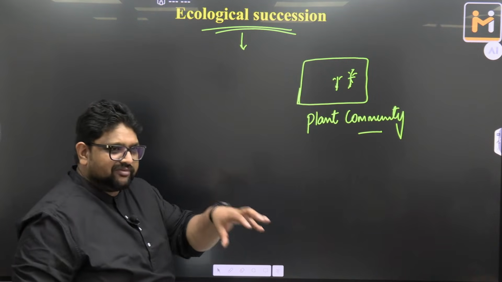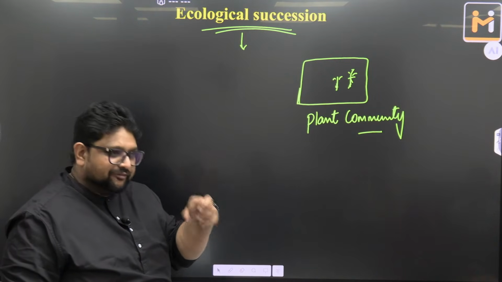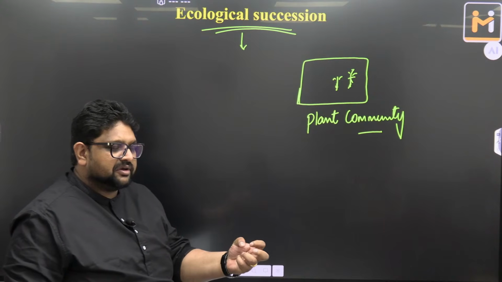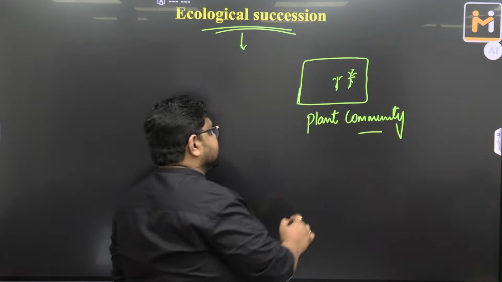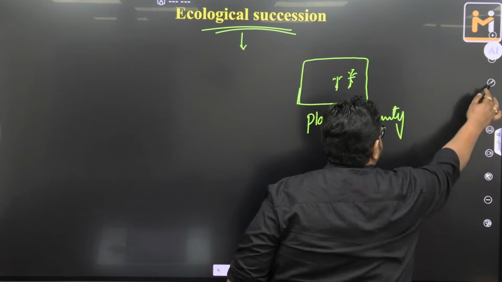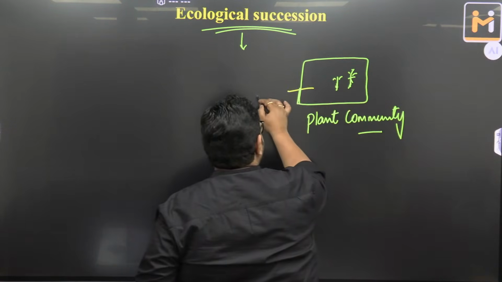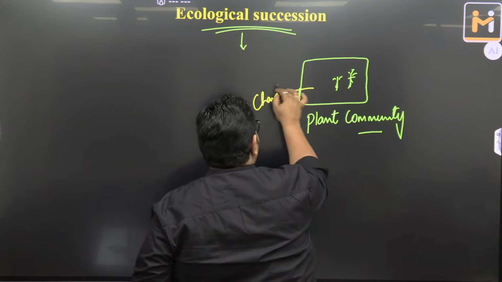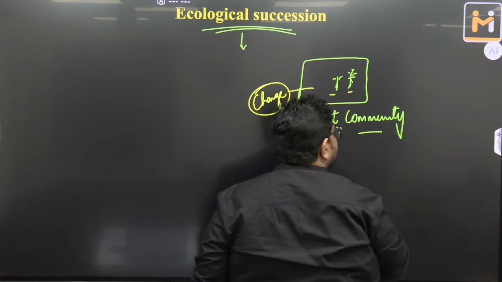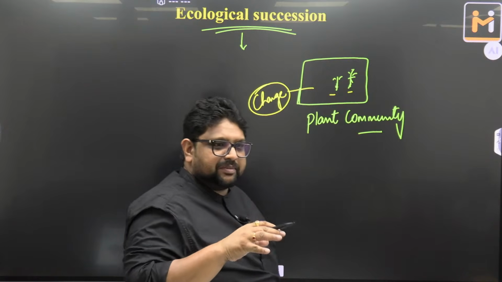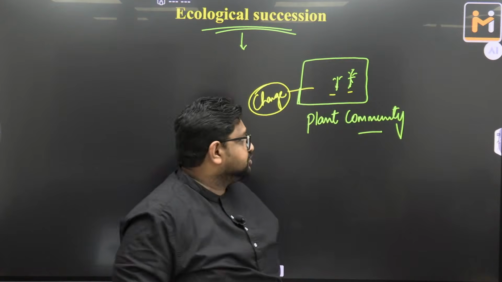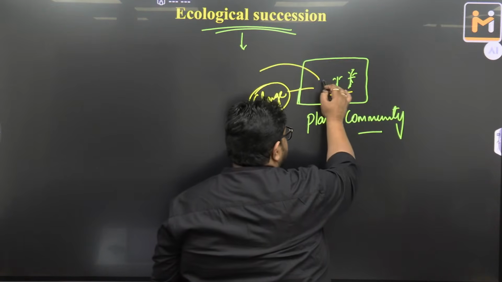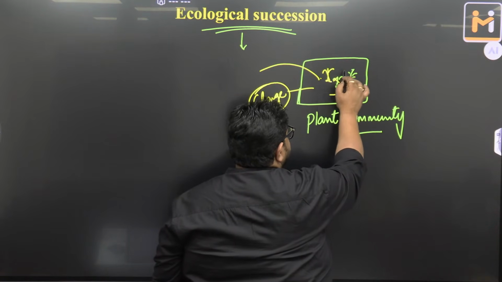The micro environment of that place will change because of the presence of a particular community. And this change which happens in this area becomes unfavorable for the existing population and favorable for some other plants. So the other plants will come and replace them.